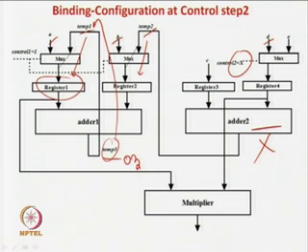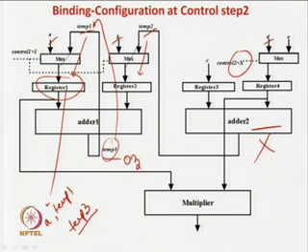So register R1 is binding 3 variables: A, then temp 1, and finally temp 3. Initially the storage is A, then in the first time step you compute temp 1, which is also stored in register 1, and finally in time step 2 you calculate temp 3, which is also stored in register 1.